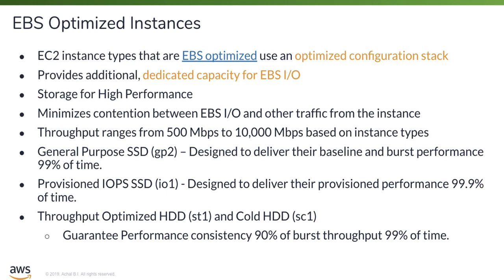Also note that when using EBS optimized instances, if you're using encryption along with the EBS volume, encryption will not be part of the EBS computation. Encryption happens in a different Nitro hardware.